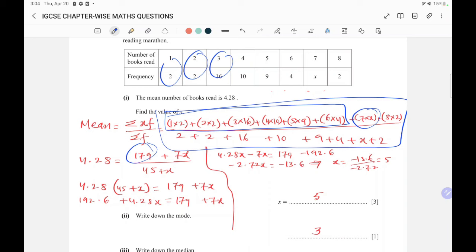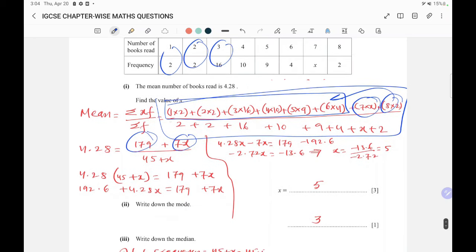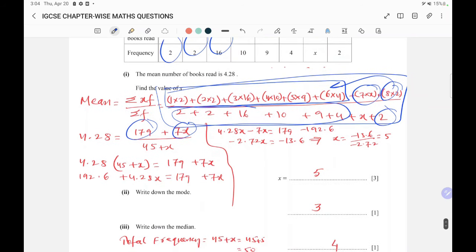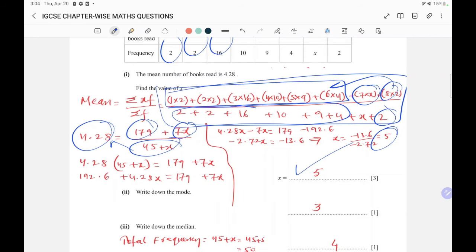This is 7x, which is here, and you have to add 8 times 2 also. And here also this plus 2, you will get 45 plus x. The mean is given as 4.28, just cross multiply. 4.28 bracket 45 plus x equals 179 plus 7x. This is the equation in x, just calculate precisely to get the x value, which is 5.